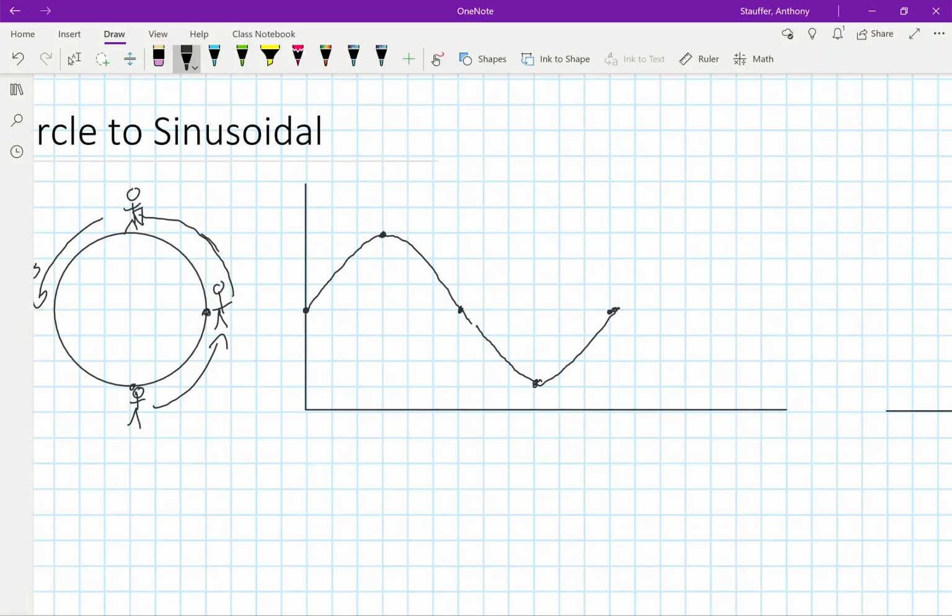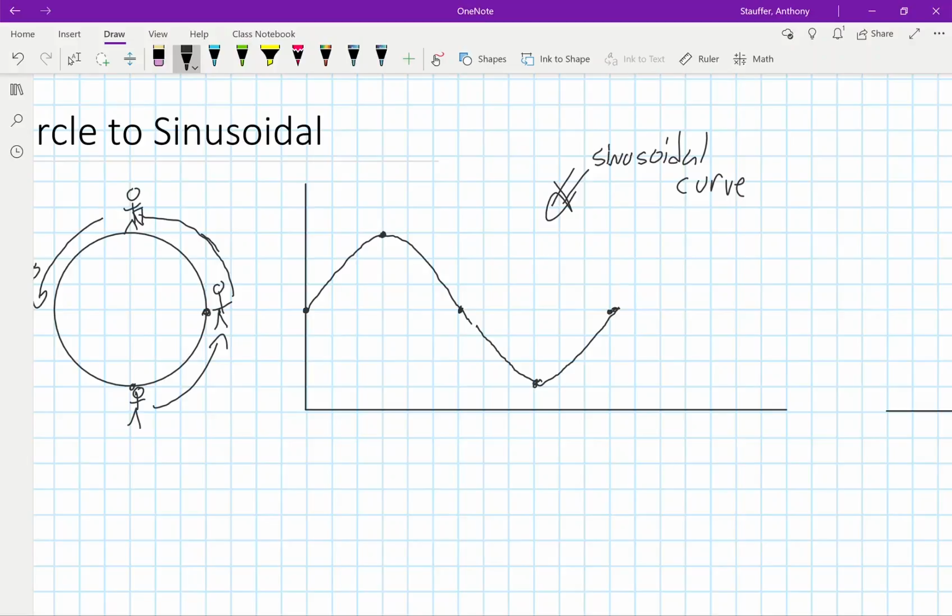And what we get is what's called a sinusoidal curve. And what this sinusoidal curve is, it's a way of plotting motion when you're working with circles.